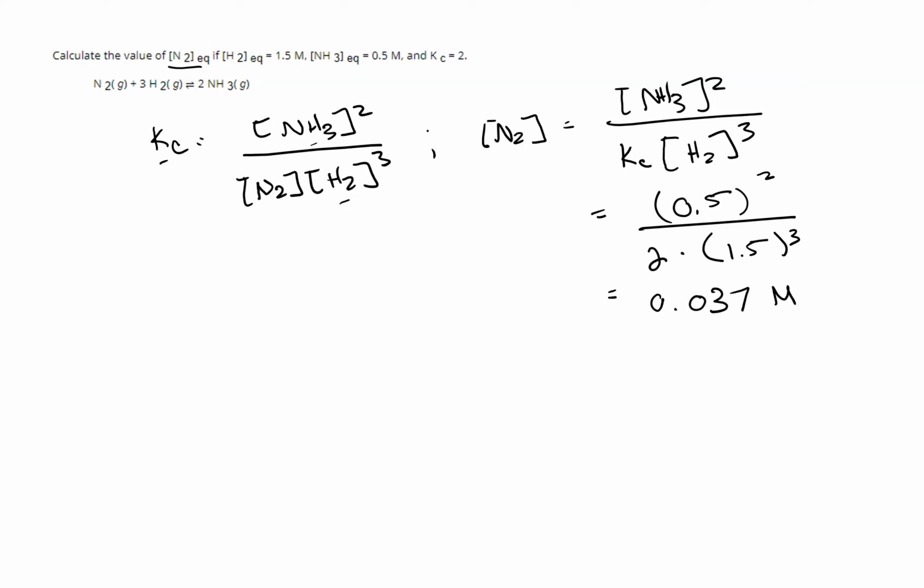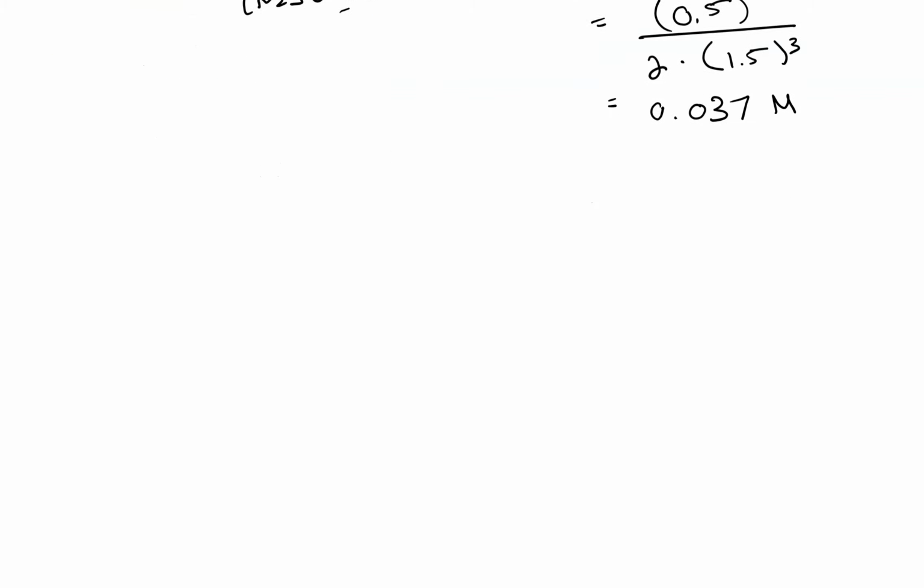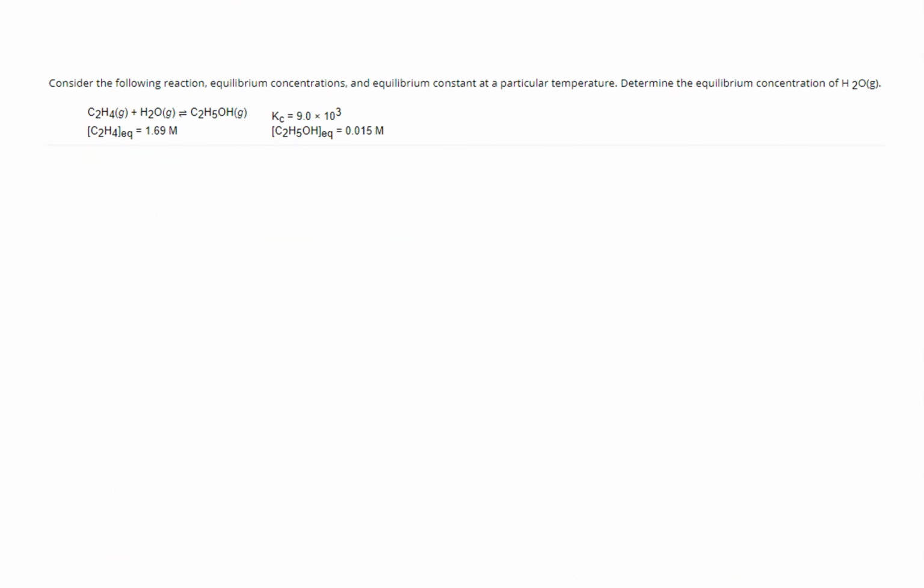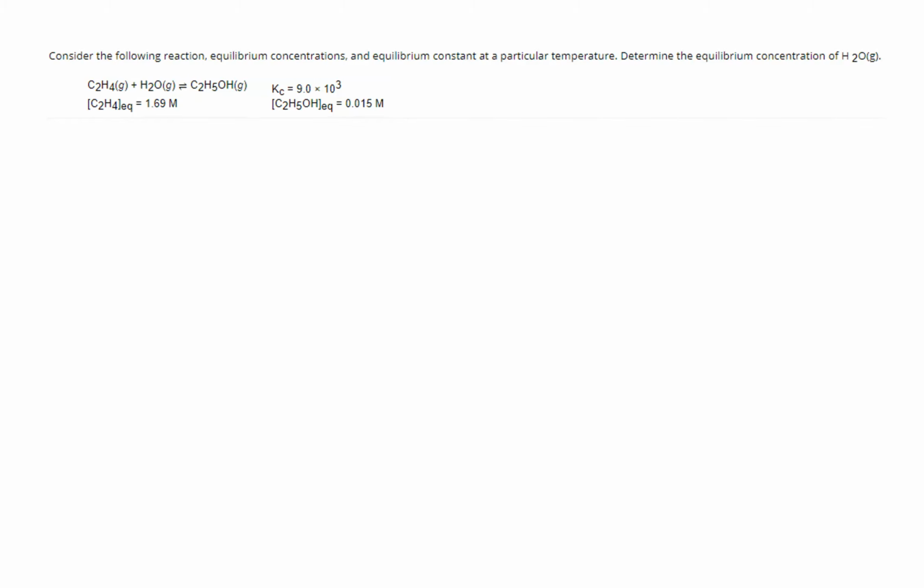That's not too daunting. Let's go ahead and scroll down and see another one. All right, so consider the following reaction: equilibrium concentrations and equilibrium constant at a particular temperature. Determine the equilibrium concentration of the water gas, or water vapor. So in this particular reaction, we have ethane gas plus water gas in equilibrium forming ethanol, or C2H5OH, all in gas phase.